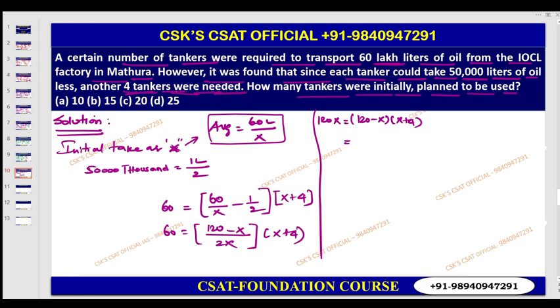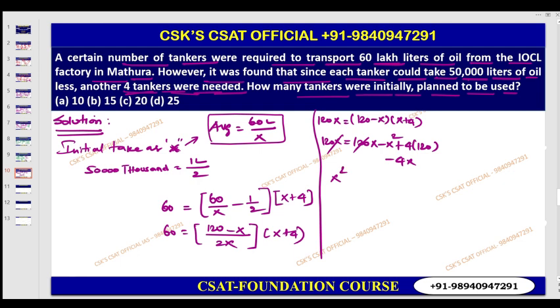Now multiply: 120x minus x square, then plus 4 into 120 minus 4x. 120x cancel, rearrange the equation.